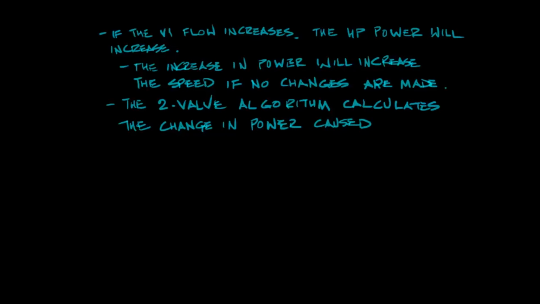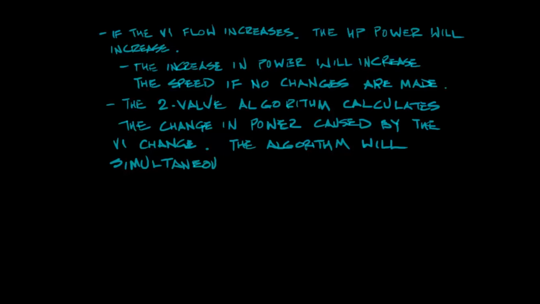So the two-valve algorithm has a model of the turbine flow and power characteristics built in, and so it can calculate the change in power caused by that additional flow that we are bringing into V1. The algorithm then simultaneously calculates how much it needs to move V2 to keep the power in balance.